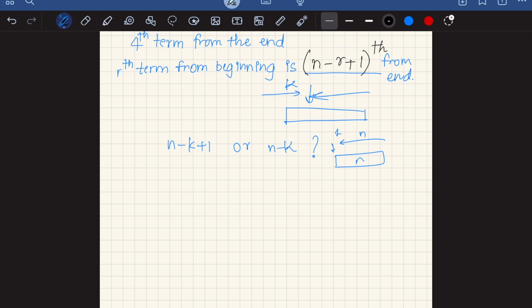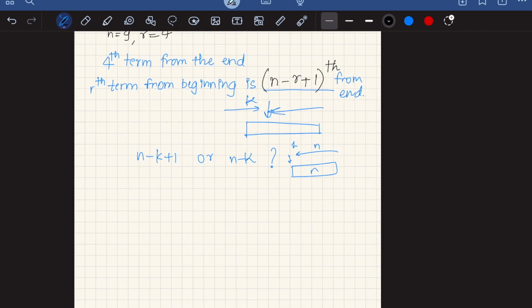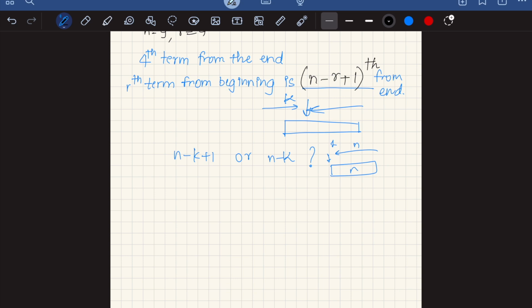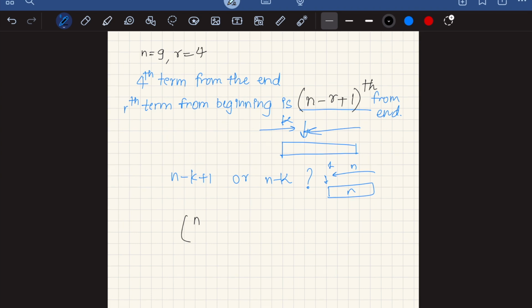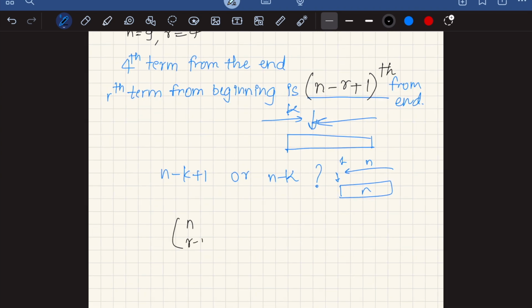So you have n choose n minus r plus 1, x cube by 2 to the r minus 1 times minus 2 by x square to the n minus r plus 1. Okay, is this fine?